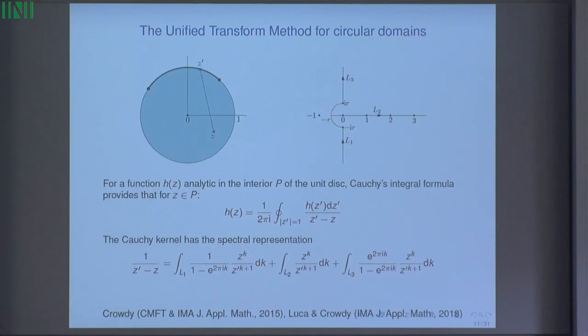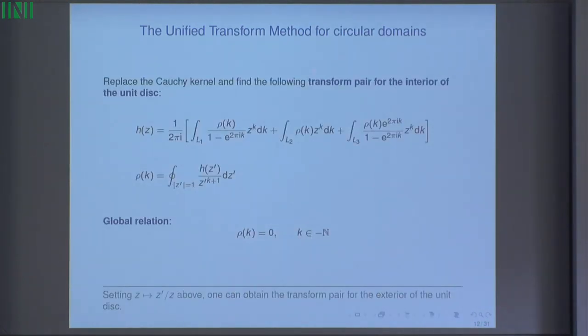L2 is this one, and L3 is the contour on the positive imaginary axis. So again, we have this spectral representation for the Cauchy kernel. So what we do, we take this expression here and substitute it in there. So we get again this transform pair for the interior of the unit disk.